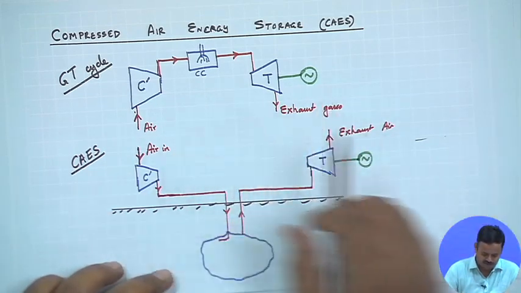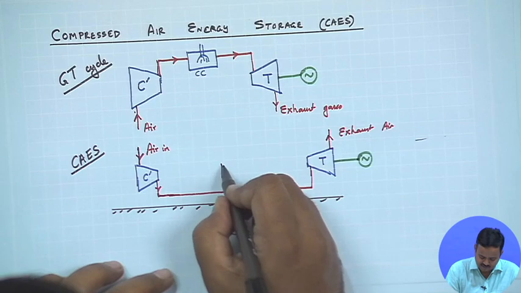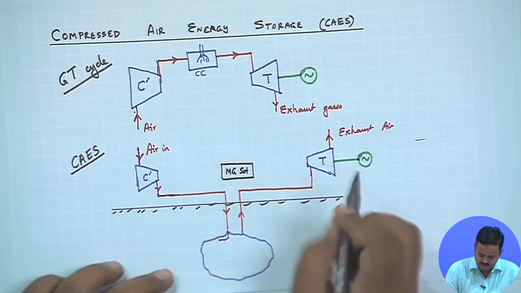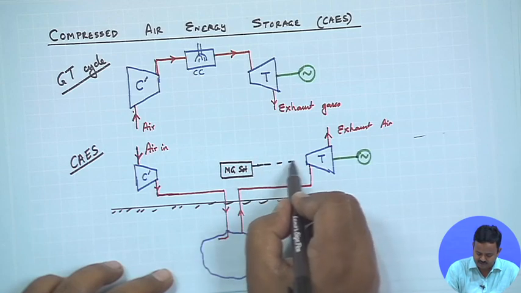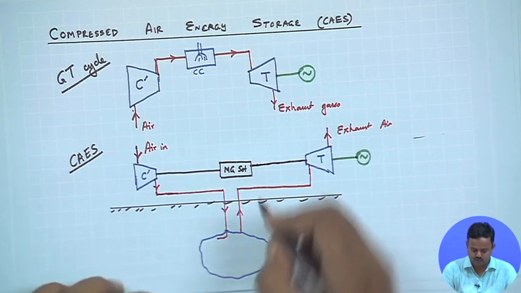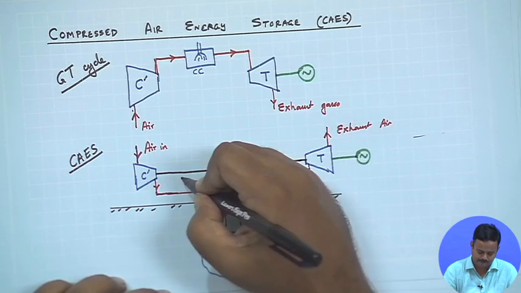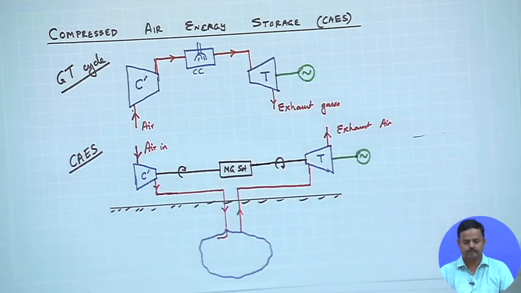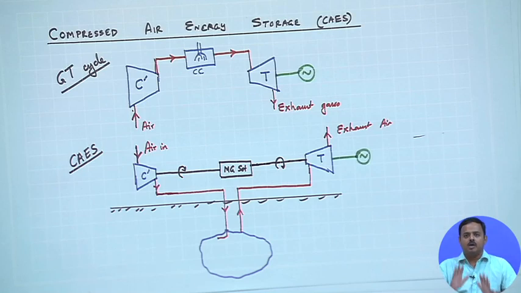I am going to have a motor generator set, which has a shaft connecting these two. Clear? So, this is how a compressed air energy storage works.